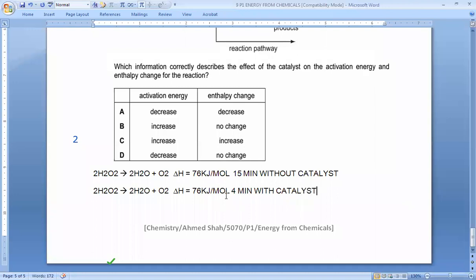But there is no change. Its delta H remains the same, 76 kilojoules per mole. That is why question number 16, option D is correct: decrease and no change.